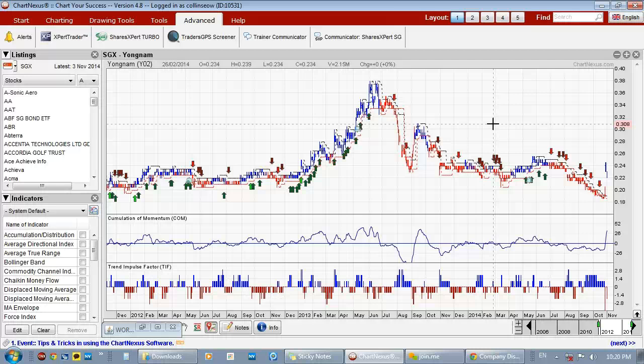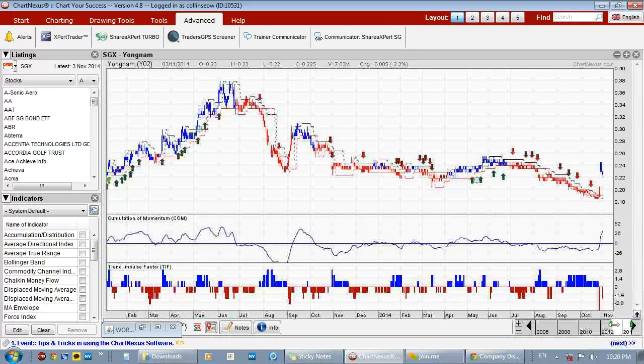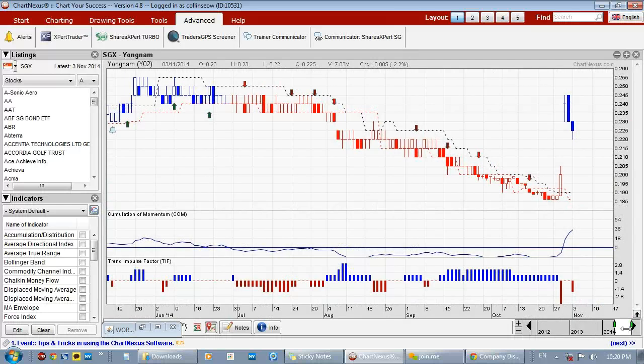I think this stock is a bit hard to use a system to trade. Again, there are a lot of overlapping candles in this stock. But let's look at the technical analysis part of it. I think this stock has turned.